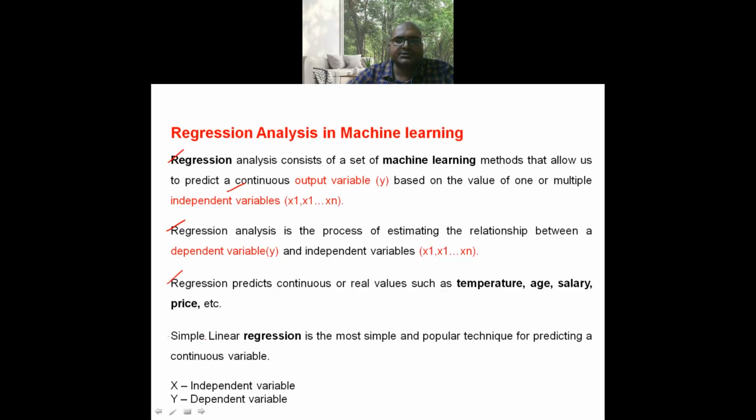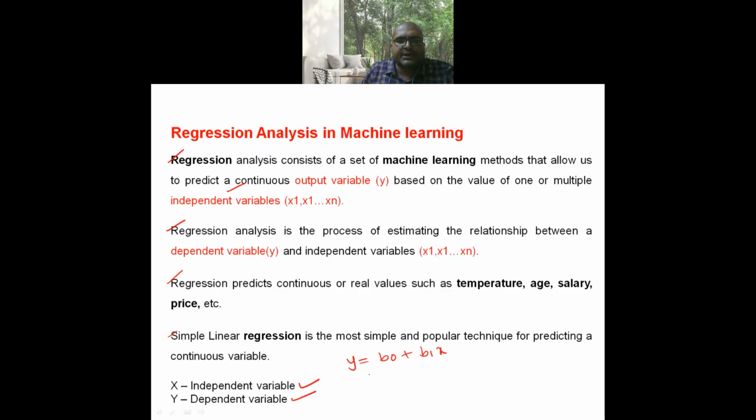Simple linear regression is the most simple and popular technique for predicting a continuous variable. In simple linear regression, one independent variable and one dependent variable will be present, and here the relation between the dependent and independent variable will be like this: y is equal to b naught plus b1 x.